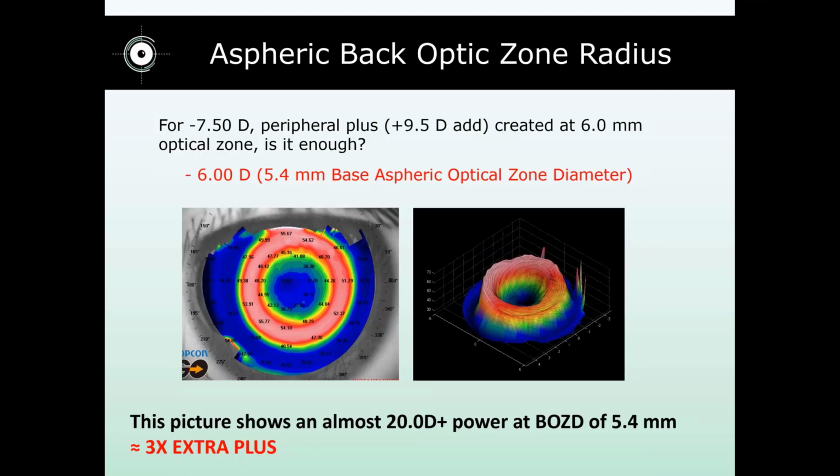With my study, this patient with -6 diopters of myopia, 5.4 millimeter base optical zone, and you can tell the strong red ring. This picture shows almost 20 diopters of plus power at the base optical zone of 5.4. It's almost 3 times extra plus. So we need the plus to be not 1 to 1, not 1 to 2, not double, but 3 times or as much as possible.